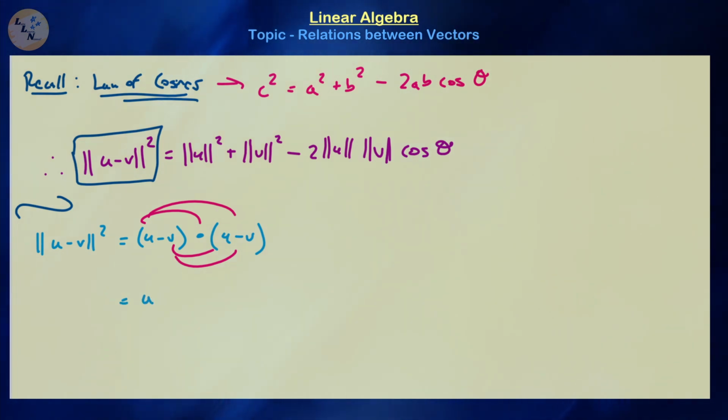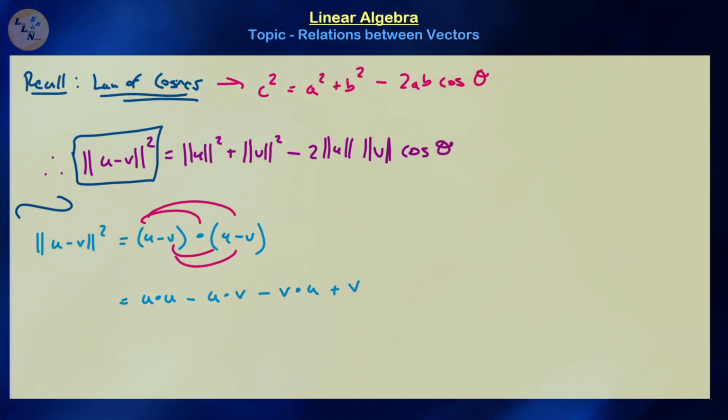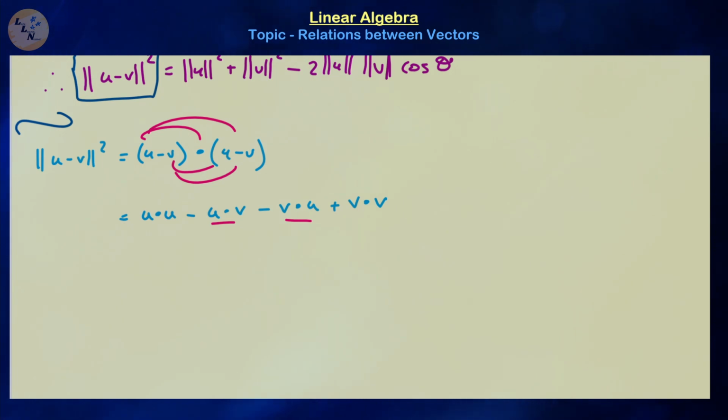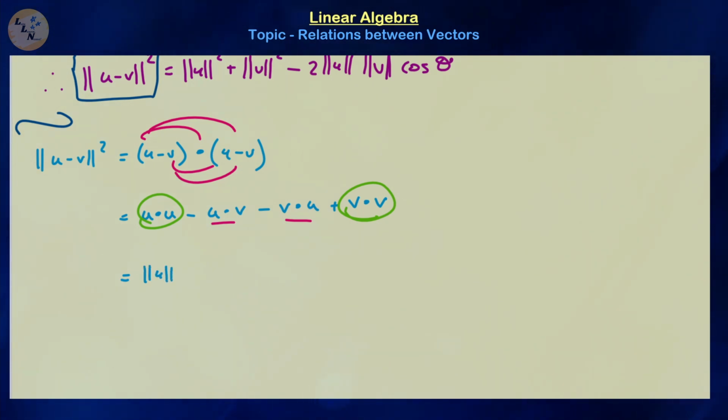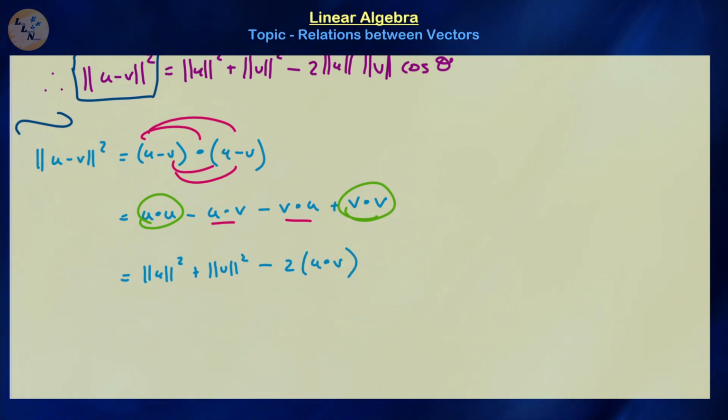So this is going to be u dot u minus u dot v minus v dot u plus v dot v. Notice that these are the same exact things because dot products are commutative, so that's just minus 2 u dot v. And remember, again, the dot product of a vector with itself is equivalent to the norm squared of that particular vector. So that means this can be rewritten as just the norm of u squared plus the norm of v squared minus 2 times the dot product of u with v.